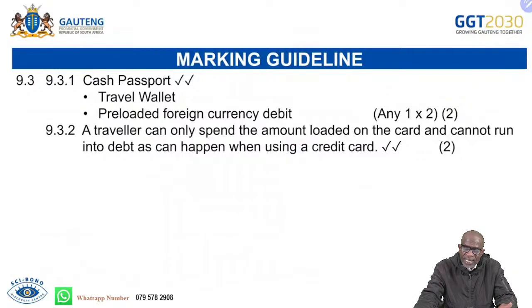Any of the 3 will give you 2 marks. 9.3.2, the advantage: a traveler can only spend the amount loaded on the card and cannot run into debt, as can happen when using a credit card. So this is the advantage of having the preloaded card.